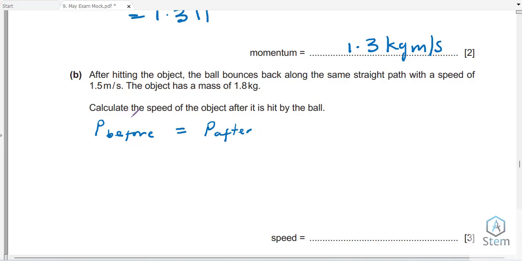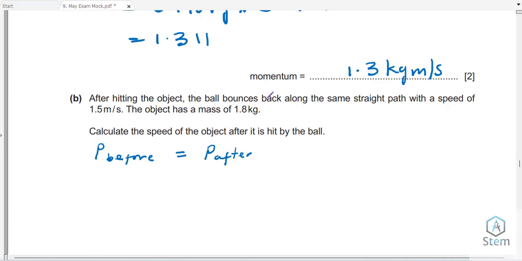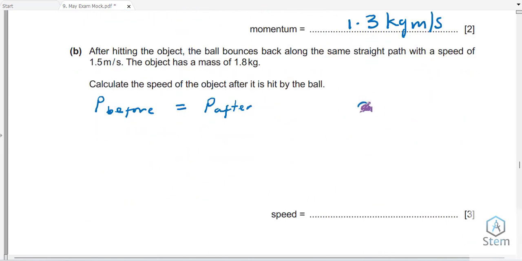Before the collision, the momentum is coming from the ball only. And after the collision, we now have the ball moving in this direction, which is minus 1.5 meters per second. The negative sign is due to direction.